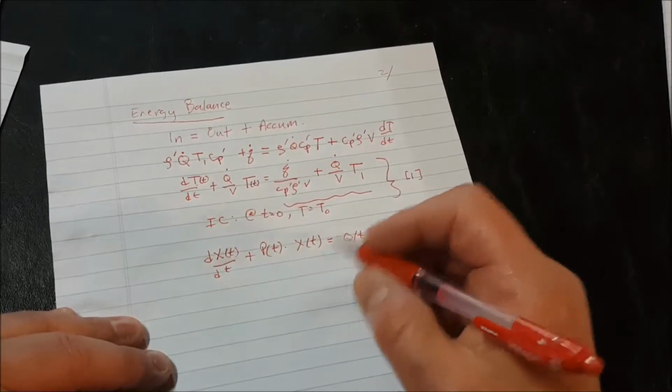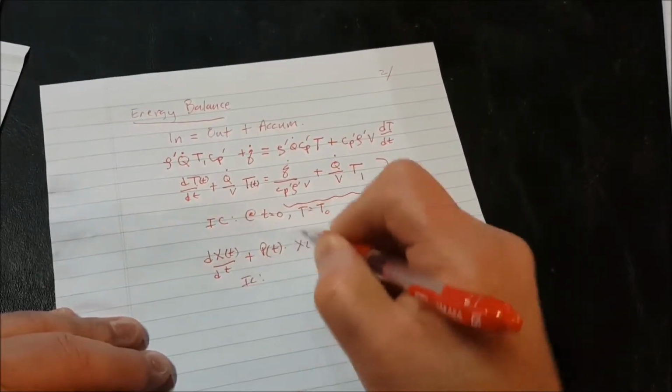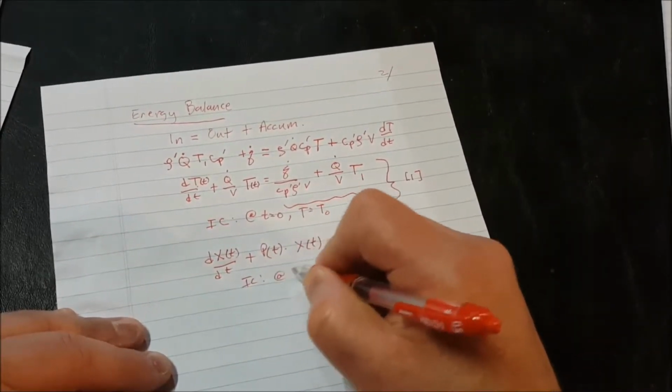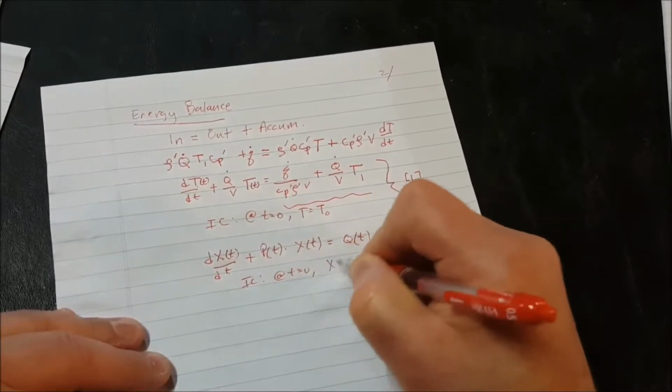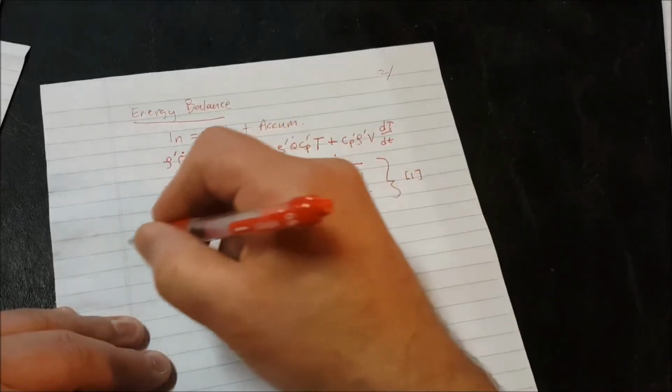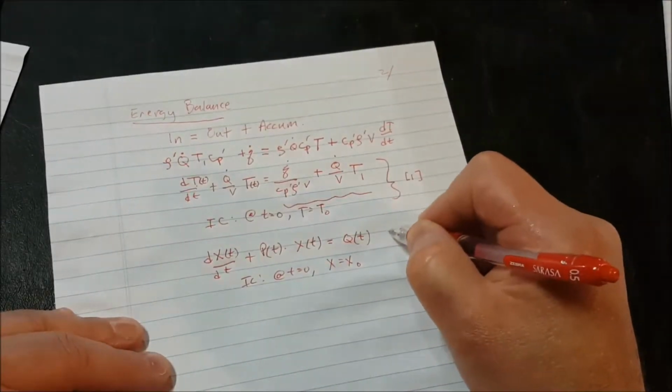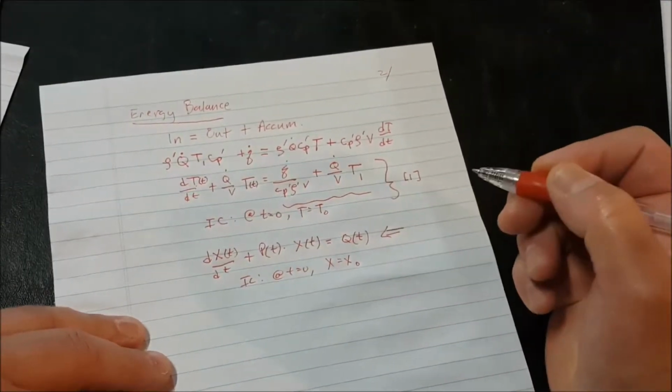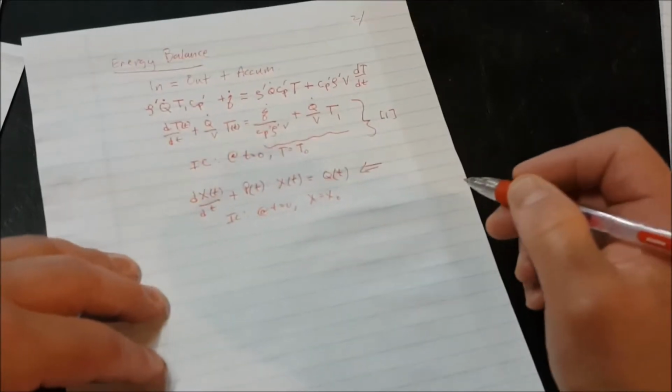Okay, with an IC, of course, at t equals 0, x equals x0. All right, this form here is amenable to an integrating factor solution, okay, which is the point of this video.